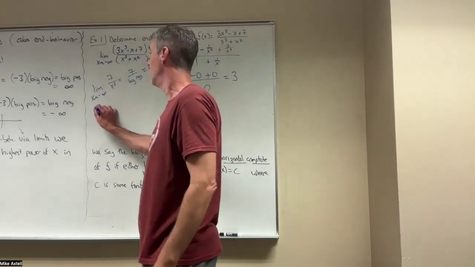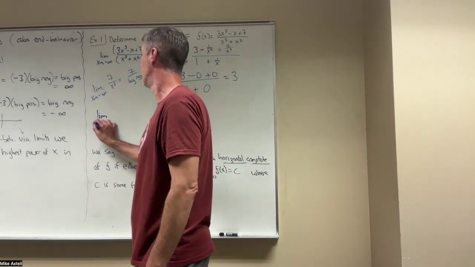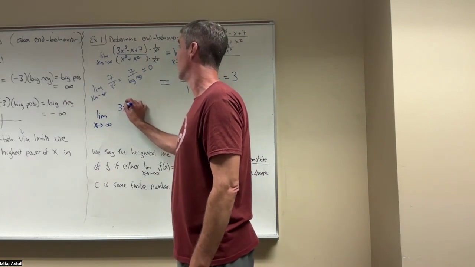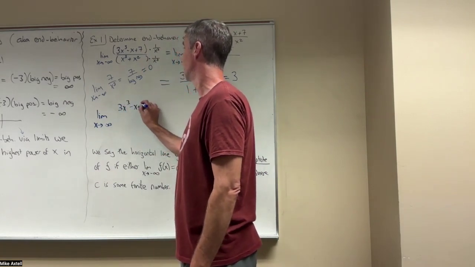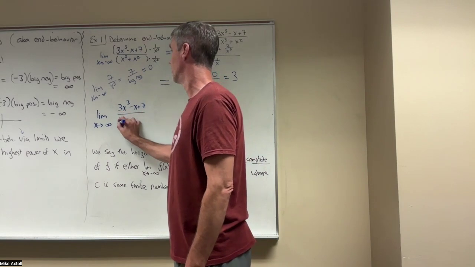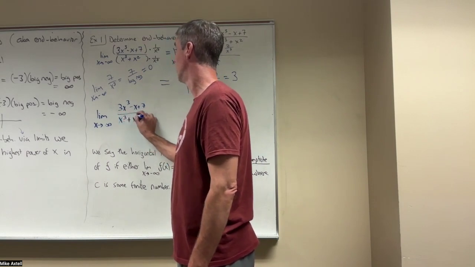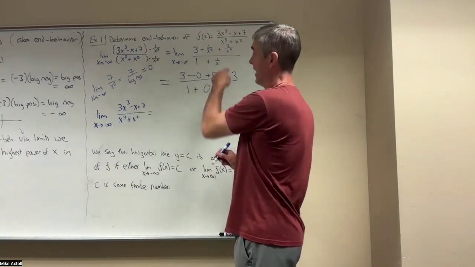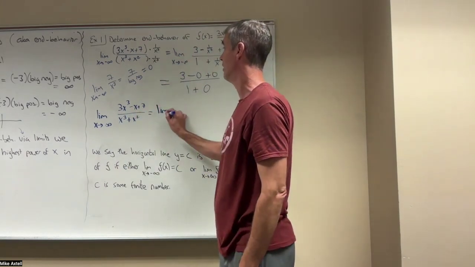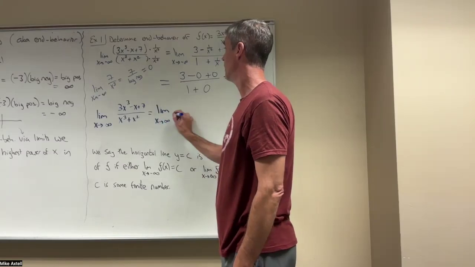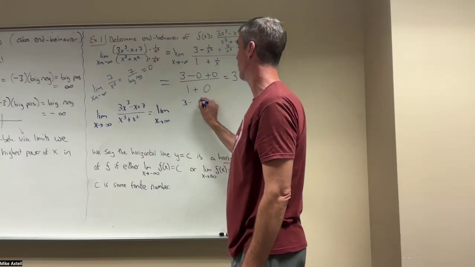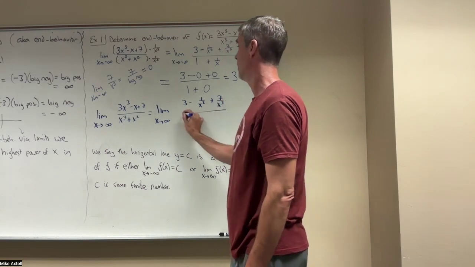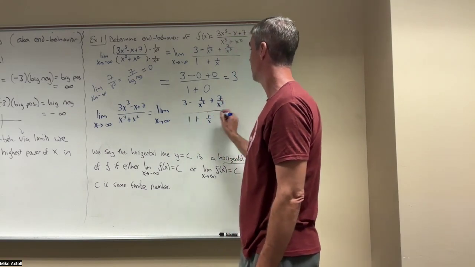Now, from the right, so as x goes to positive infinity, I'm going to do the exact same thing, but I'm going to skip showing you the arithmetic because it's all the same. So when I run the 1 over x cubed through, again, I get the same exact thing here. X approaches infinity, I'm going to get a 3 minus a 1 over x squared plus a 7 over x cubed and a 1 plus a 1 over x.